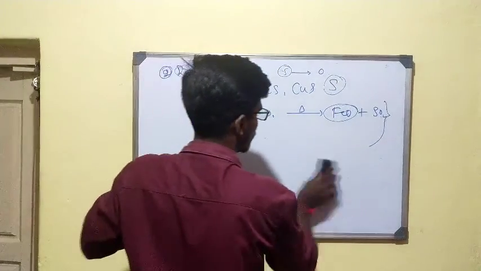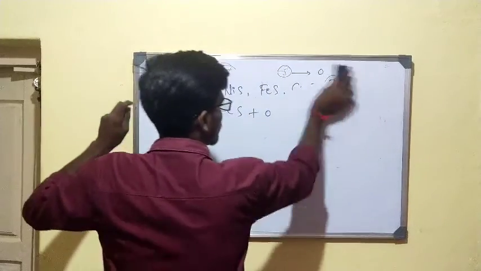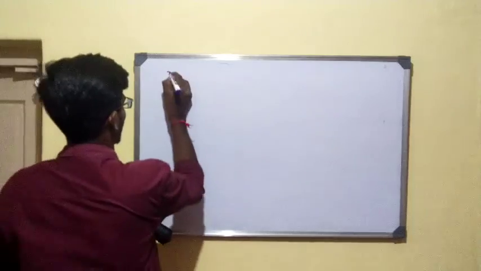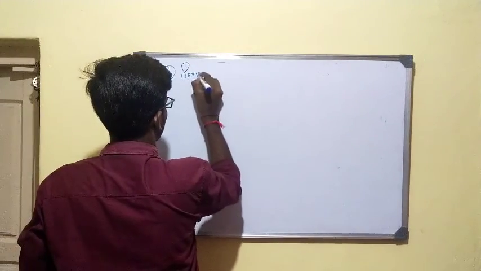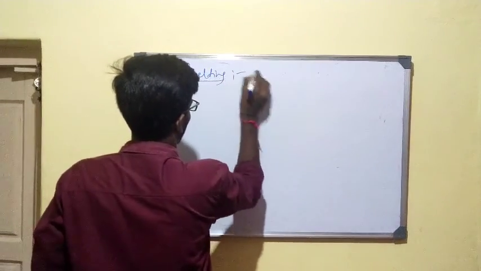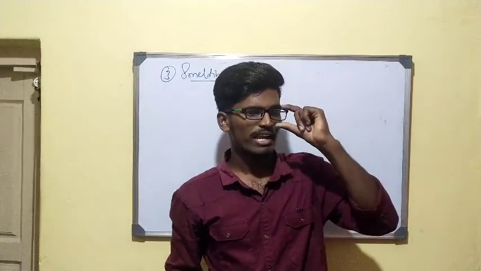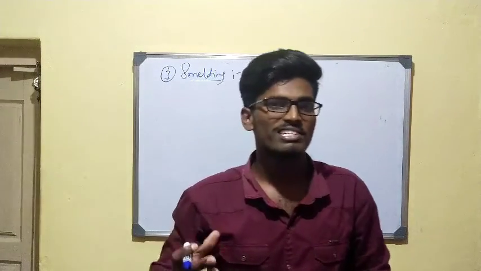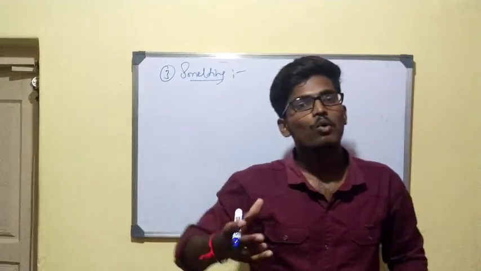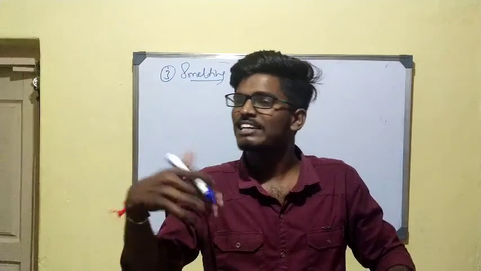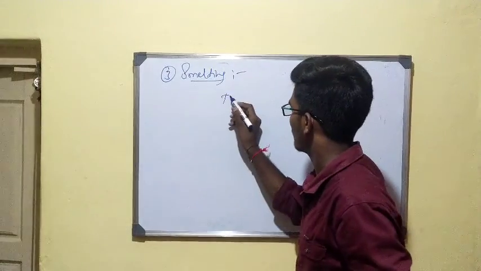Now let us discuss the third step of the extraction, and that is smelting. Now what is smelting? Smelting is one of the extractive methods, or one of the steps of metallurgy, where you use heat and some reducing agent to convert other elements. For example, here we have iron oxide.